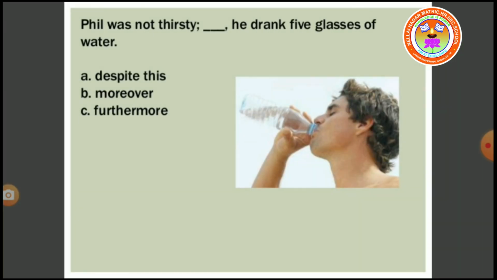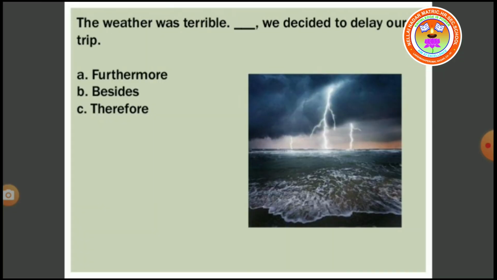Next. Bill was not thirsty as he drank 5 glasses of water. Very good. The correct answer is despite this. Next. The weather was terrible, thus we decided to delay our trip. Very good.